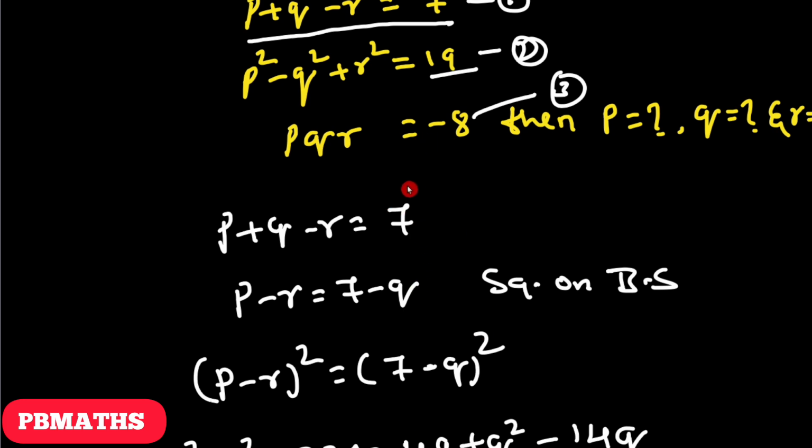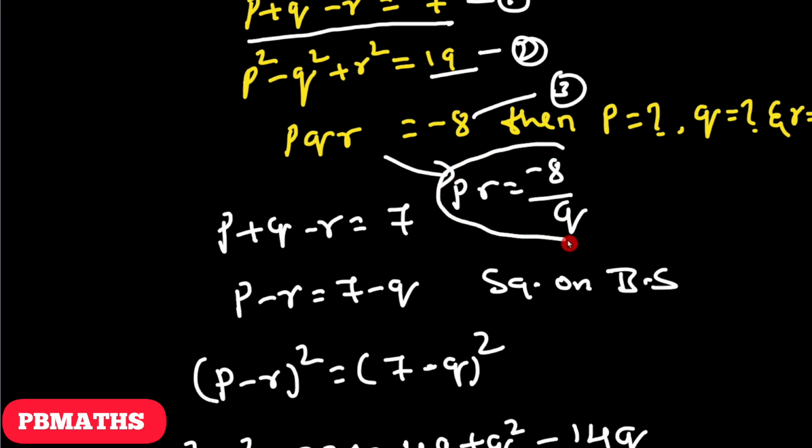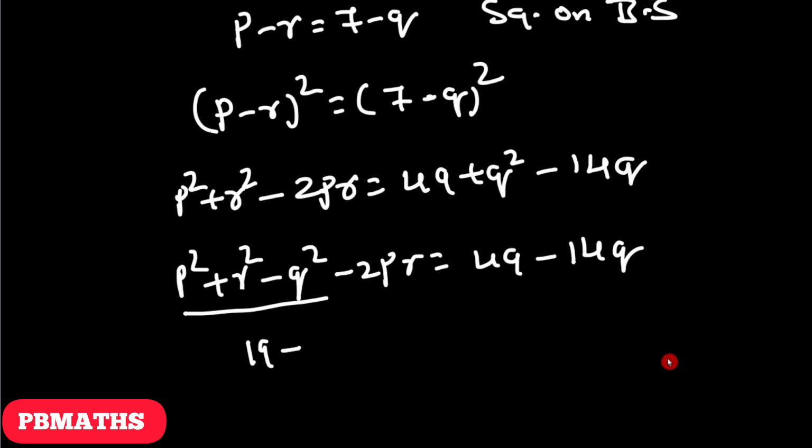In the third equation, we have the value of pqr as minus 8. Then the value of pr becomes minus 8 by q from this equation 3. So, let's replace the pr value as minus 8 by q in the below equation.